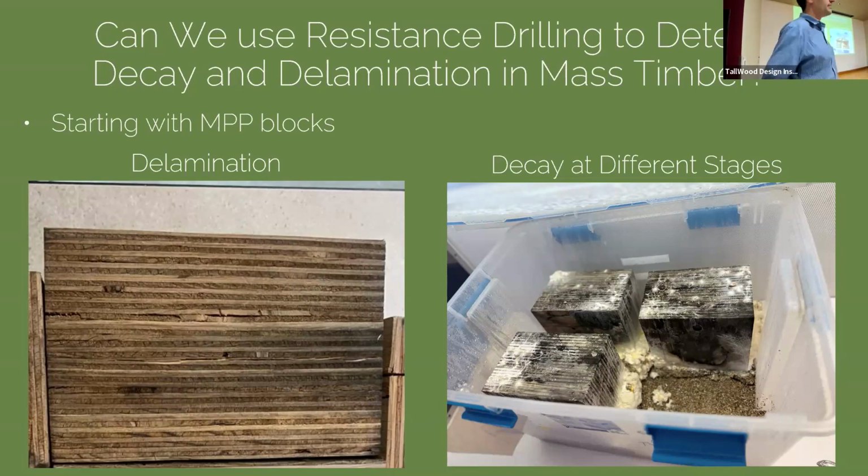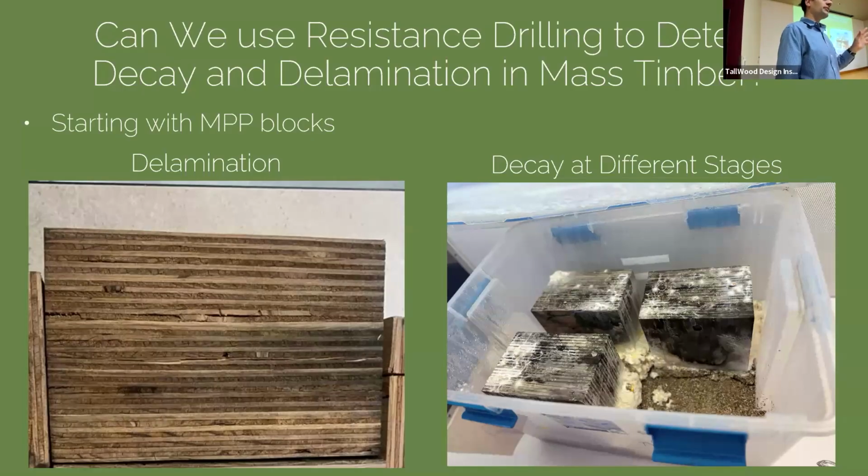We've got these 8x8-inch blocks. We're intentionally delaminating them and exposing them to fungal decay, essentially generating different decay stages. And what we want to do is determine whether or not we can use this resistance drilling technique to detect delamination, and we know we can use it to detect decay, but our questions are, how early in decay can we detect it?